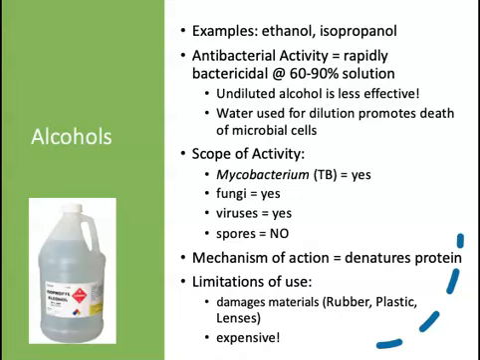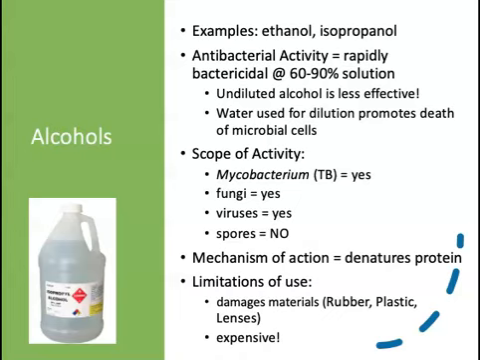Alcohol is rapidly bactericidal. That makes it effective even if it's just sprayed over the work surface and then immediately wiped off, which is how most people are going to use it. So it's a great choice as a disinfectant in a micro lab. It is interesting to note that it has to be diluted to be at its top effectiveness.